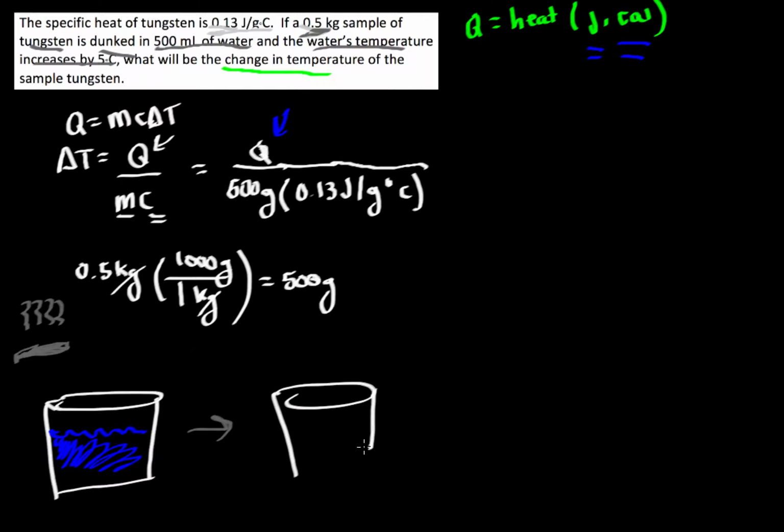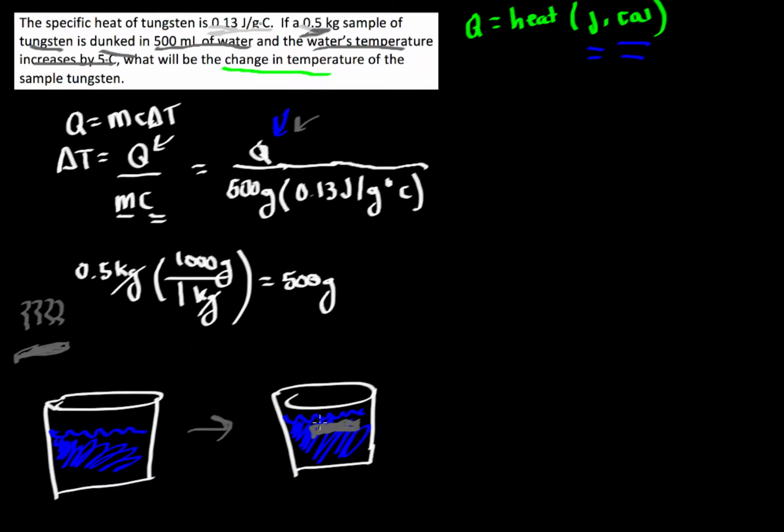So if the tungsten was dropped into the water and as a result the temperature of the water increased, we can assume that heat came off the tungsten and was absorbed by the water, meaning tungsten lost heat, meaning we can assume our Q value up here is going to be negative.